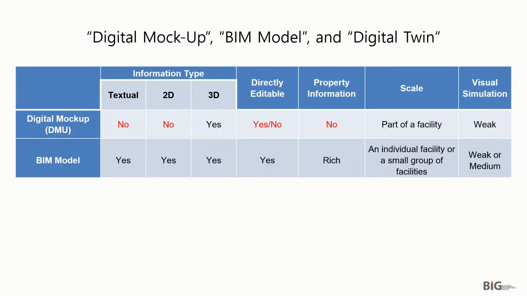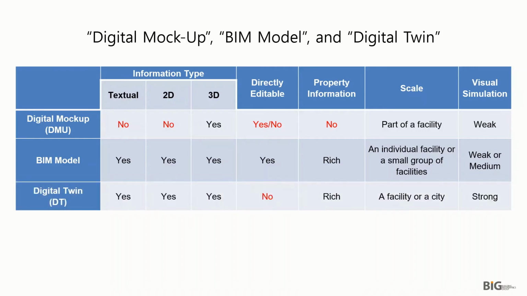In terms of visualization, we don't expect strong visual simulation from BIM, although it can have weak or medium level visual simulation. However, when we say detailed twin, we expect a strong level of visual simulation, right? And also we think about a larger scale facility, like a city.